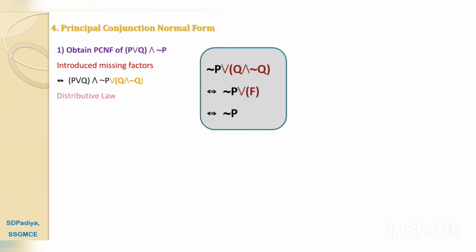By using the distributive law, it is logically equivalent to (P or Q) and (not P or Q) and (not P or not Q). Now if we focus on the given (P or Q) and (not P or Q) and (not P or not Q), there are no identical terms. That's why it is the final PCNF, that is the product of sums canonical form.